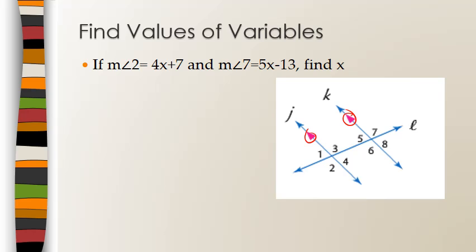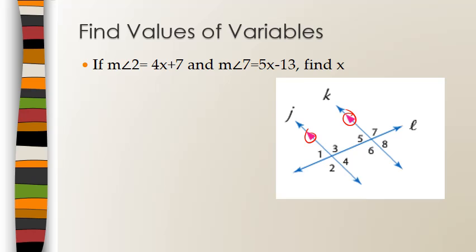Find x if the measure of angle 2 equals 4x plus 7 and the measure of angle 7 equals 5x minus 13. So the first thing I need to do is determine an angle relationship, an angle pair between angle 2 and angle 7.